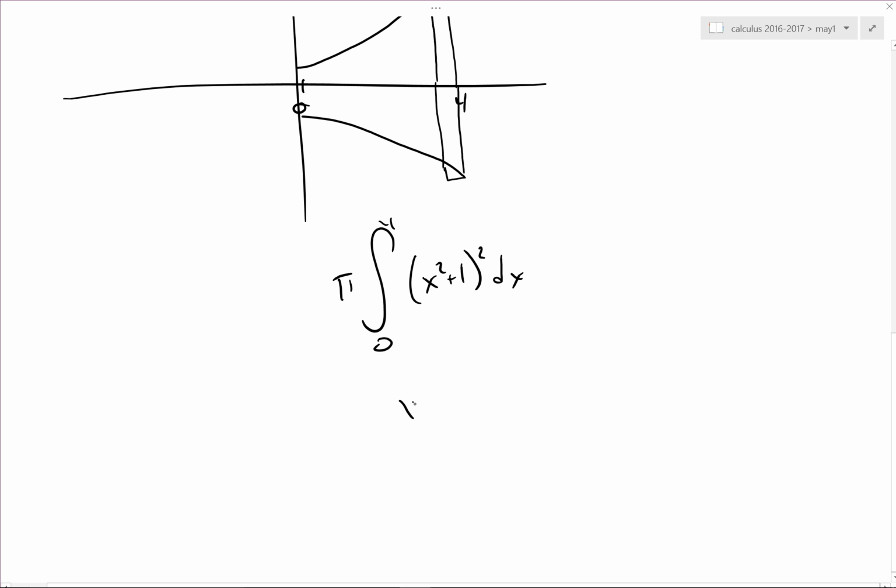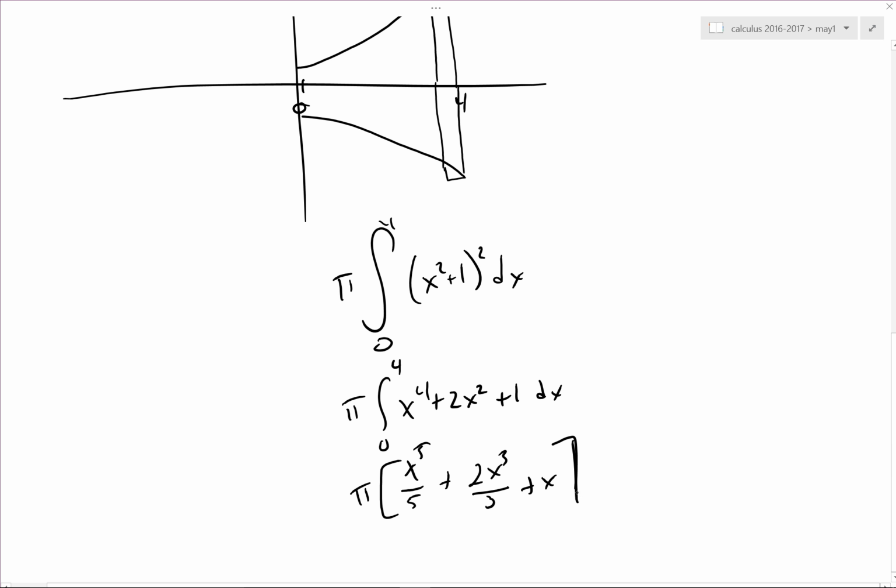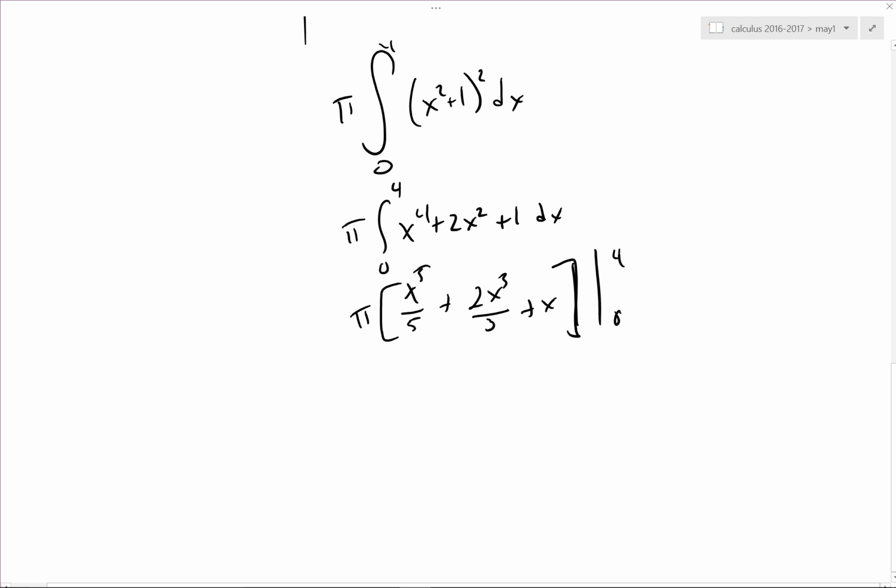So of course, that's x to the 4th plus 2x squared plus 1. I'm just FOILing, that's all. Then x to the 5 over 5 plus 2x cubed over 3 plus x from 0 to 4, with 0 on the bottom end.